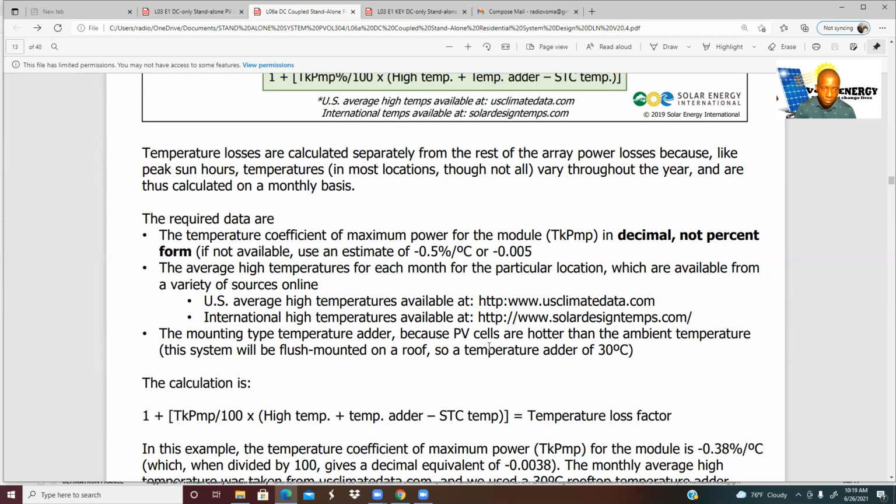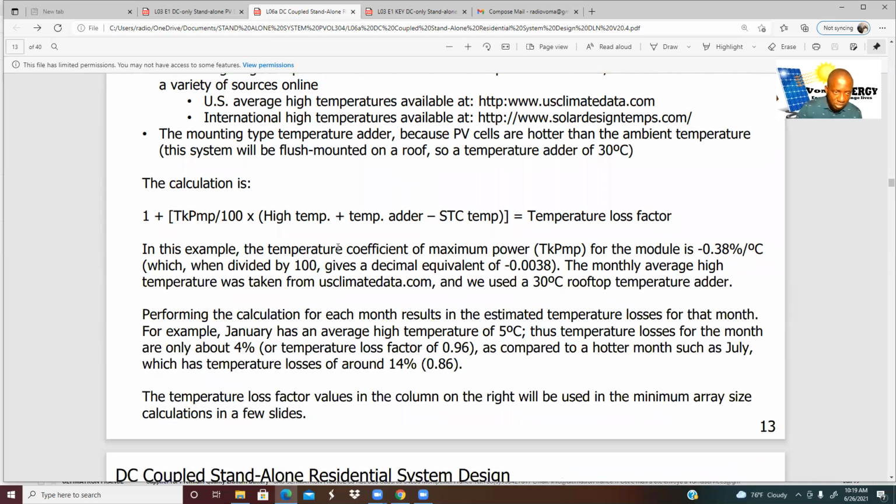If not available, use an estimate of negative 0.5% per degree Celsius, or negative 0.005. Also needed is the average high temperature for each month for the particular location, which is available from a variety of sources online.